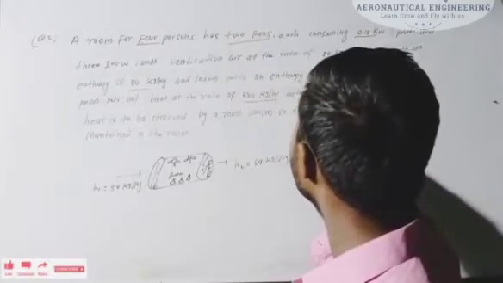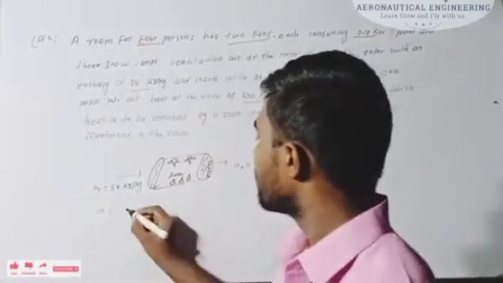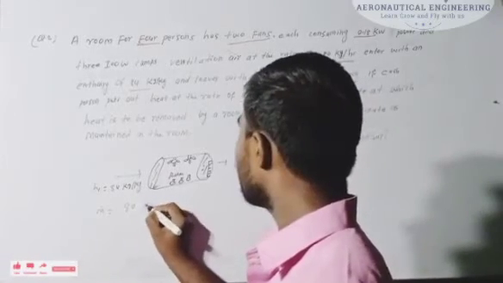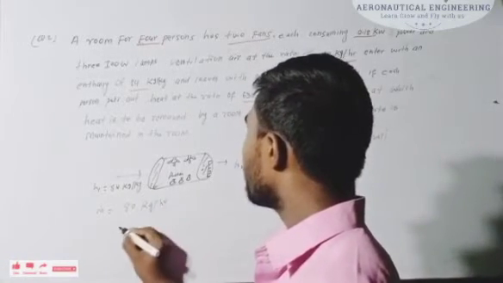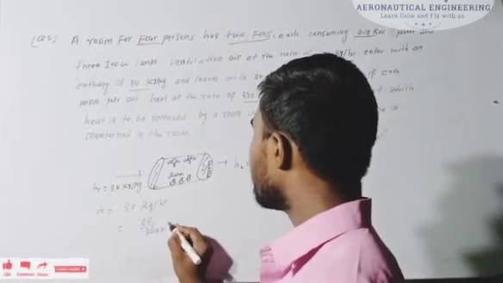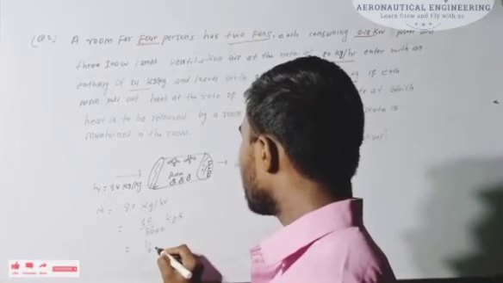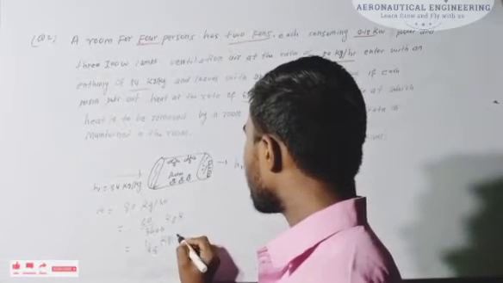And rate of mass flow is given as 80 kg per hour. Here I am converting it into seconds, meaning 80 by 3600 kg per second, which means 1 by 45 kg per second.